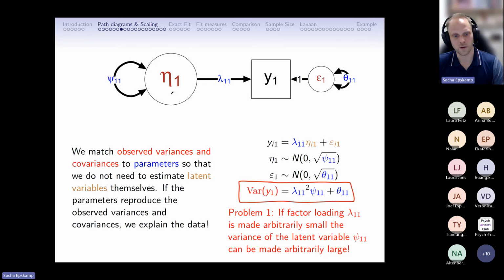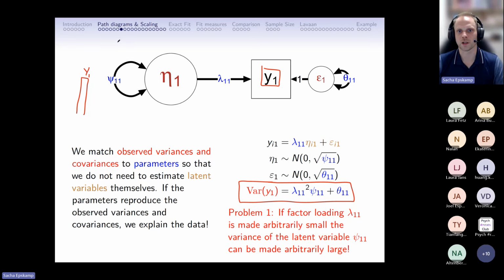So we have observed variances and covariances, meaning that we observe in our data, for example, in this case, the variance of y1. In this case, our data is only one variable, right? It's called y1. We can take the mean, but the means are 0, or we assume the means are 0, or we're not modeling them. We can also take the variance.